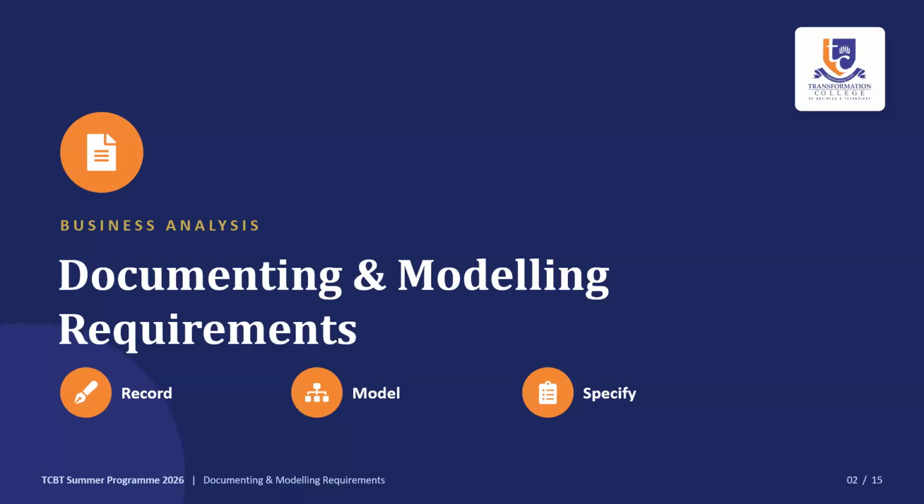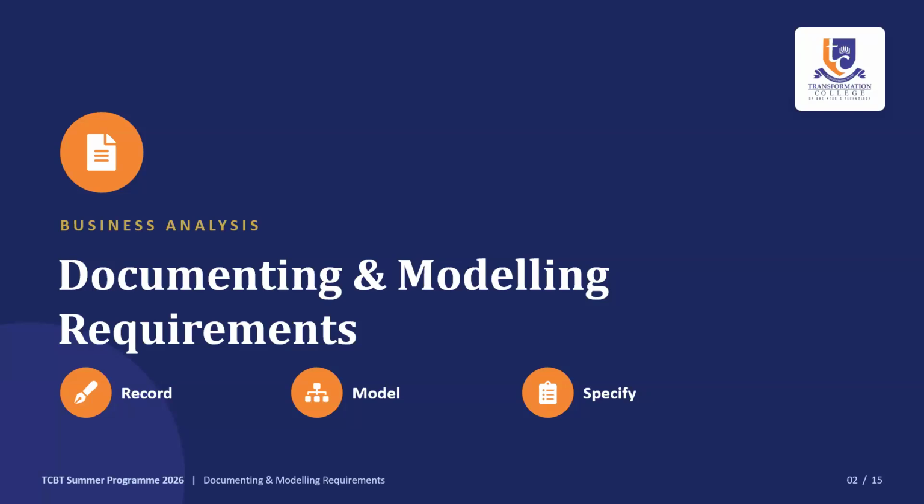All right. So, like I said earlier, we're splitting the activity into two: requirements documenting and requirements modeling. Requirements documenting simply means writing down the requirements in a structured, understandable, and testable manner.